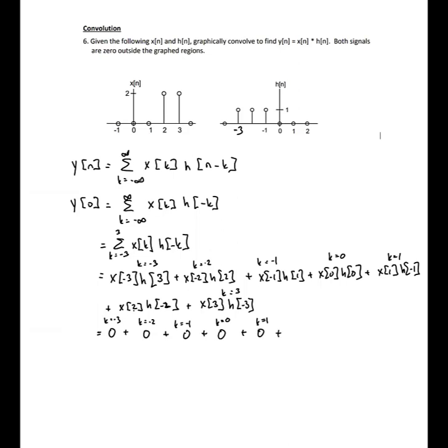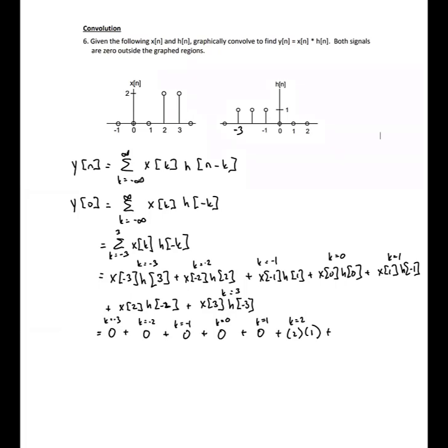Okay, next one, x of 2, we're going to do k equals 2 here. So x of 2 is positive 2. And our h of negative 1 is positive 1.